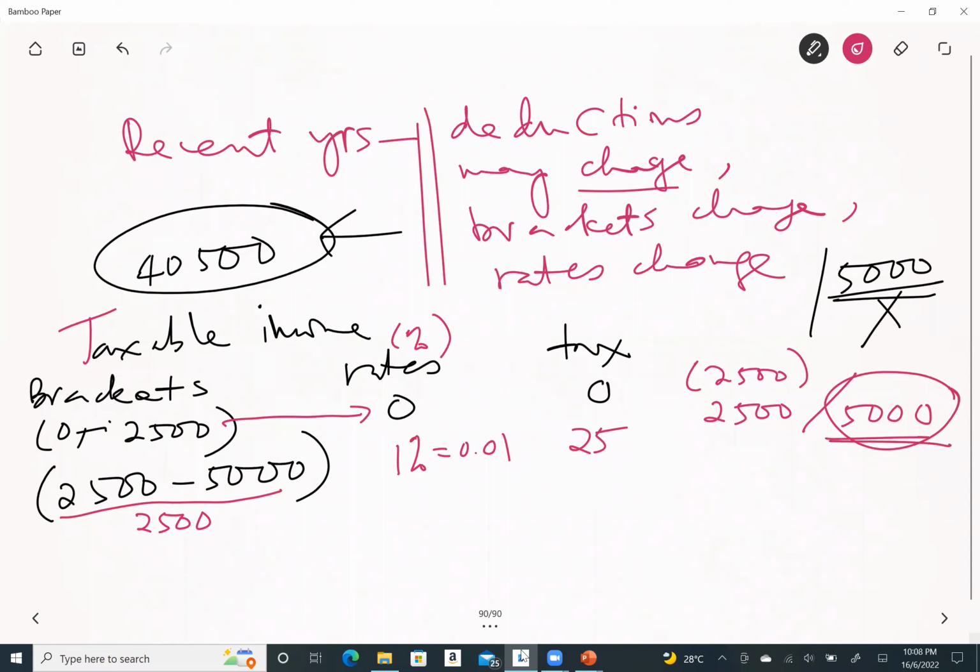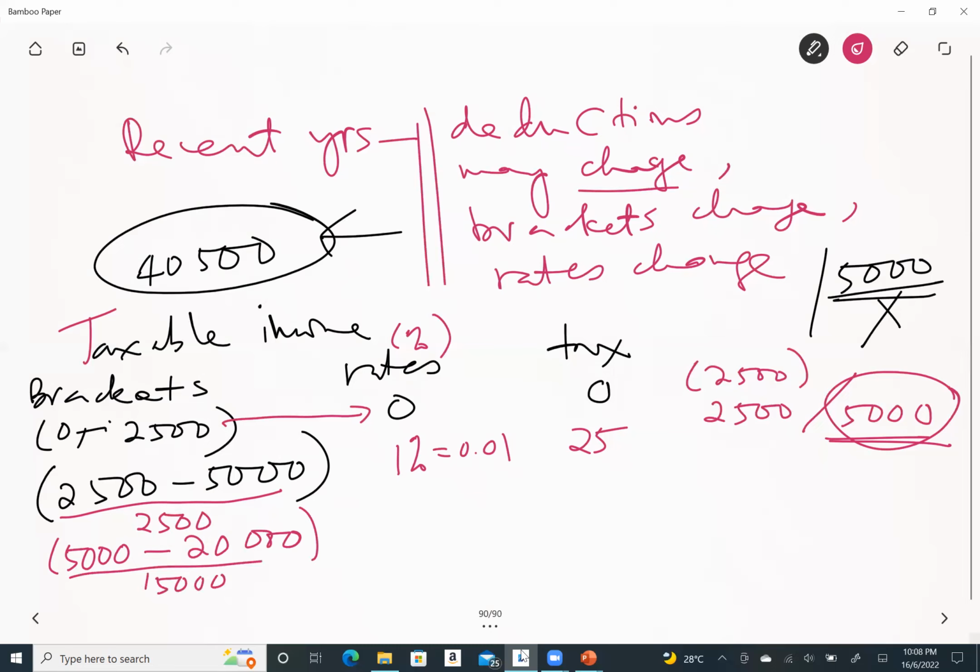We still have a lot of income yet to be taxed on. So we go to the next bracket. Next bracket, 5,000 to 20,000. Now, how much income do we have in that bracket? 15,000. Good. So here now, 15,000. Okay.